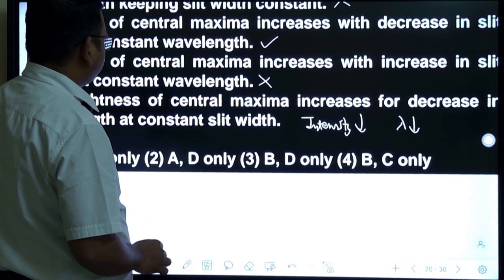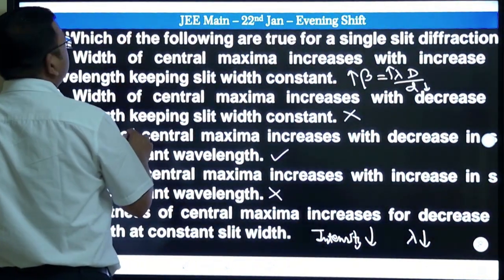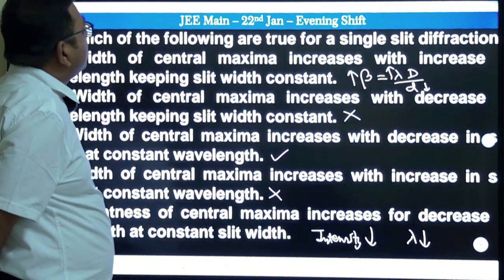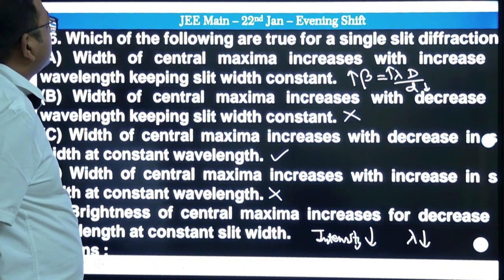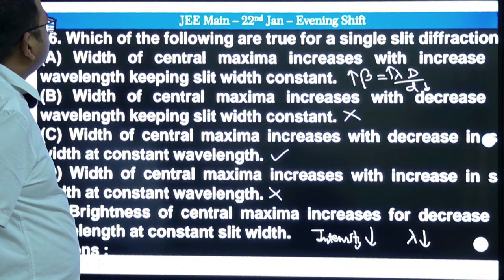We need to choose which option. Which of the following are true for single slit? The width of central maxima increases with increase in wavelength, keeping slit width constant.